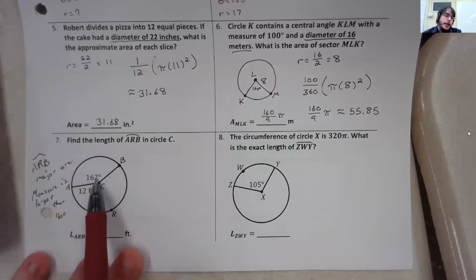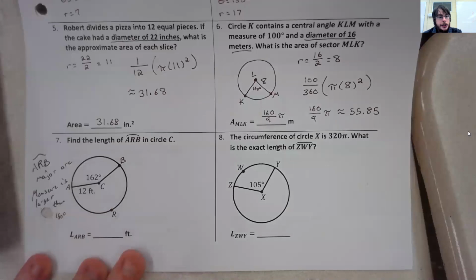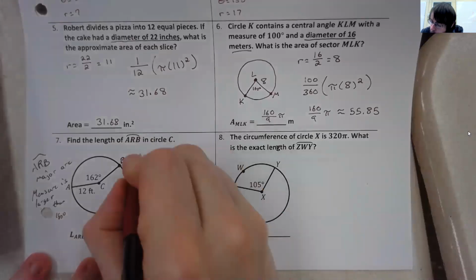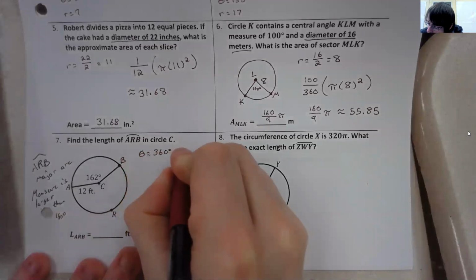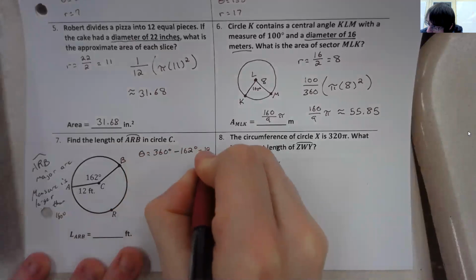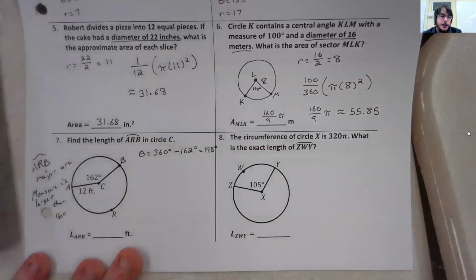Well, we know that this is a circle, and the degree measure of a circle is 360 degrees. Since it's 360 degrees, we can find our actual theta by taking 360 minus 162, which is 198 degrees.